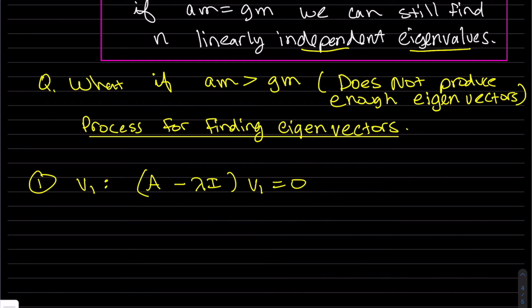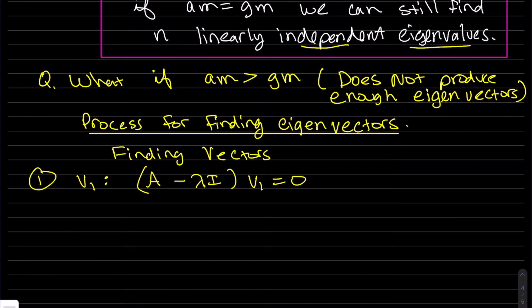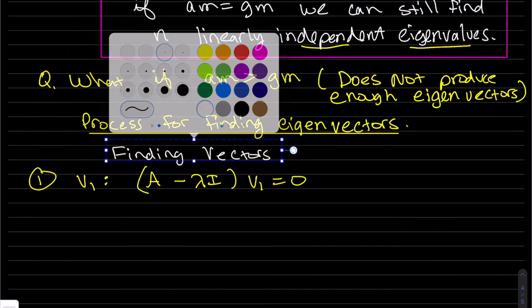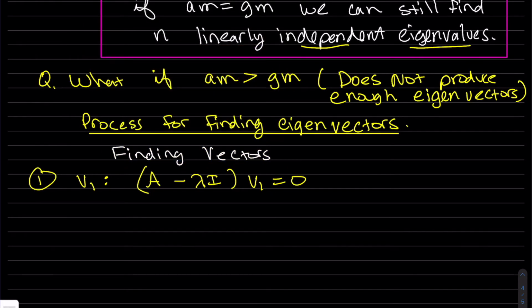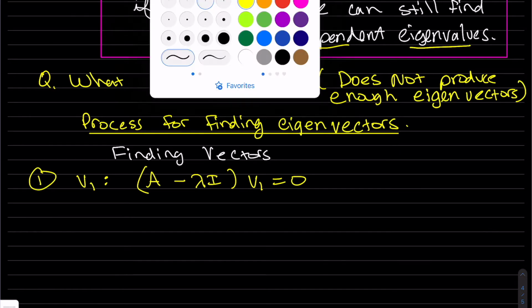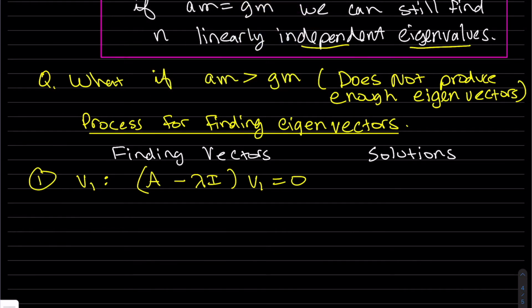So this is for finding the vectors. And then our solutions. And again, this is our normal process. We augment it with 0.